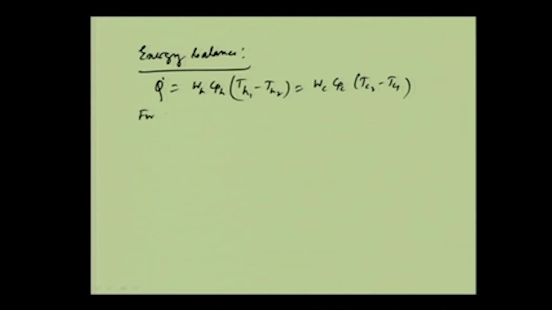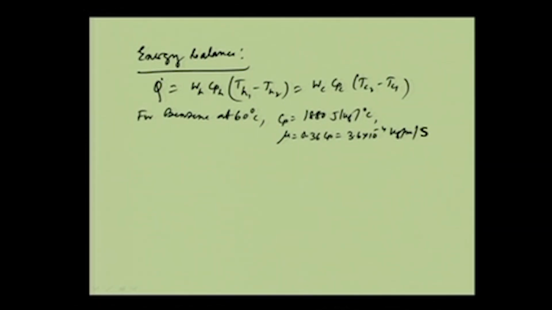So, for benzene at 60 degree centigrade, which is the average temperature, we should say that Cp is equal to 1880 joule per kg per degree centigrade, then mu equals 0.36 cP, and that is equal to 3.6 into 10 to the power minus 4 kg per meter per second.